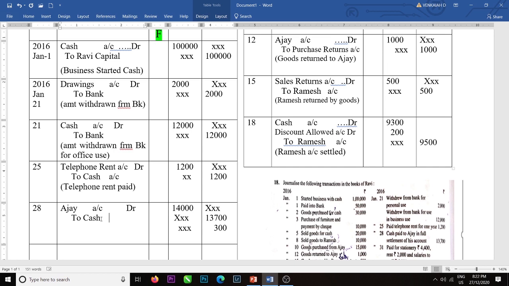So we will write it to the discount received account. Okay, Ajay account settled with the discount.